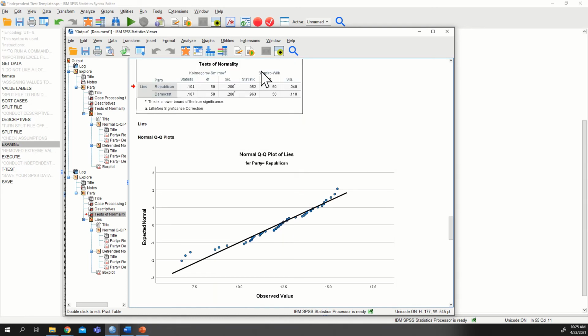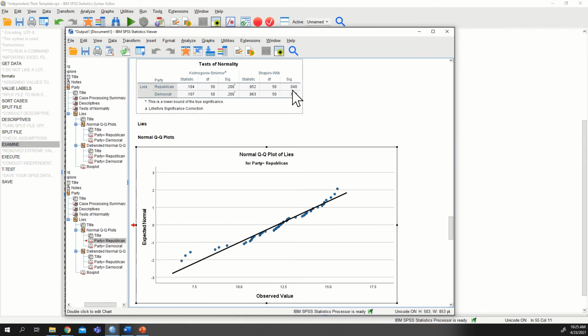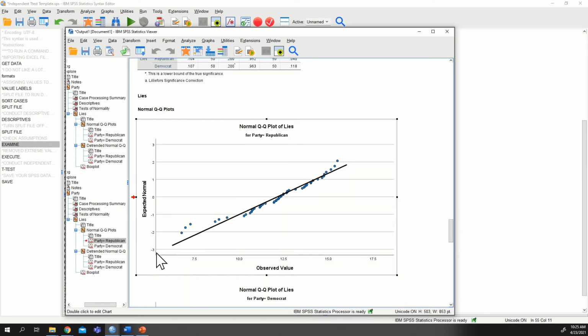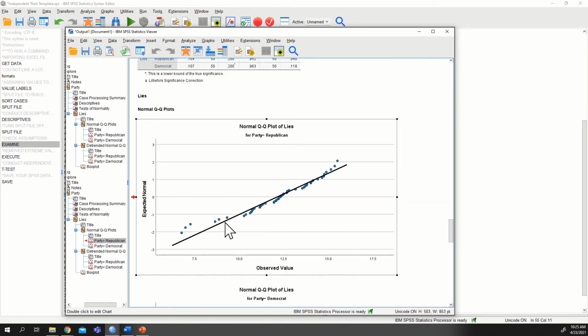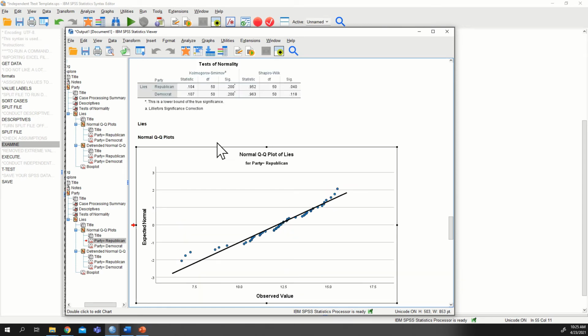The first thing is to use this and then this. As you can see, this violates the normal distribution of your dependent variable for Republicans, but you can use this visual graph as evidence to say, well, there is some departure of values, but all in all, it does align on your QQ plot. So what I would do is I would say that my variable, specifically for Republicans, their distribution is normal.